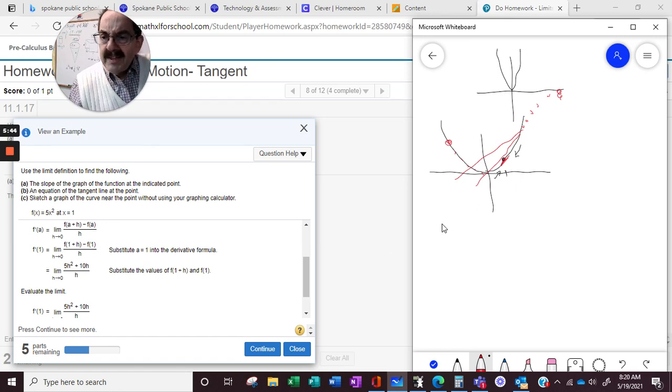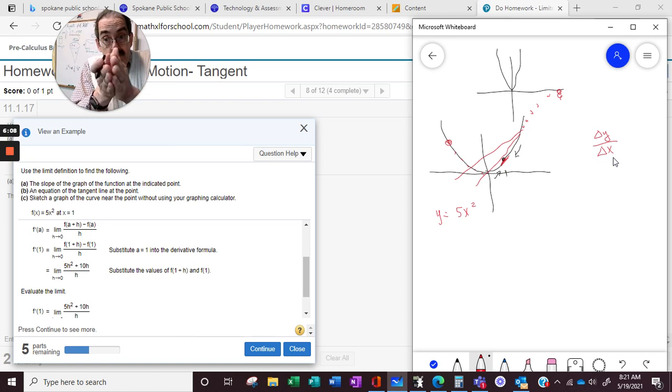So now let's write this out. y equals 5x squared. Now we want to find the slope of the line. Slope of the line is the rise over the run. Well, the run is this h value, the gap.